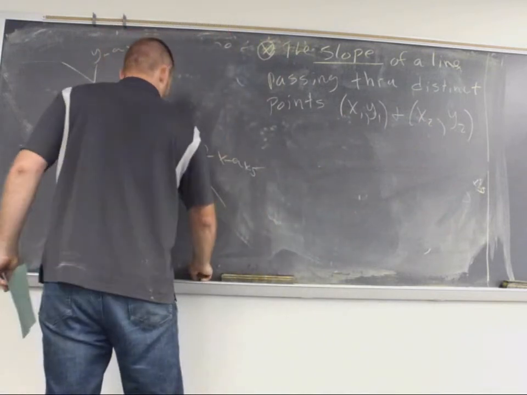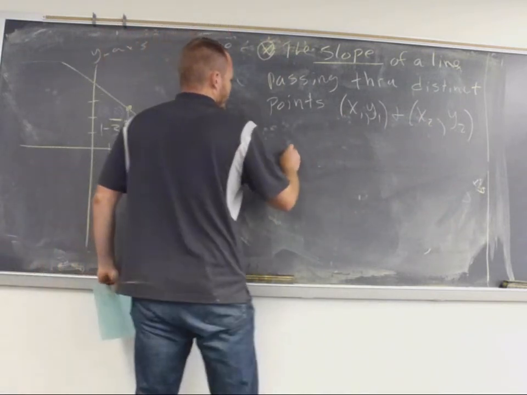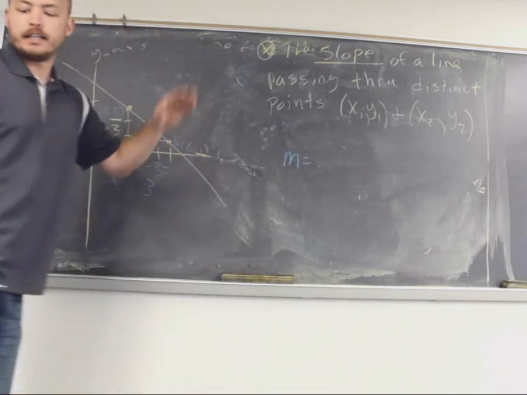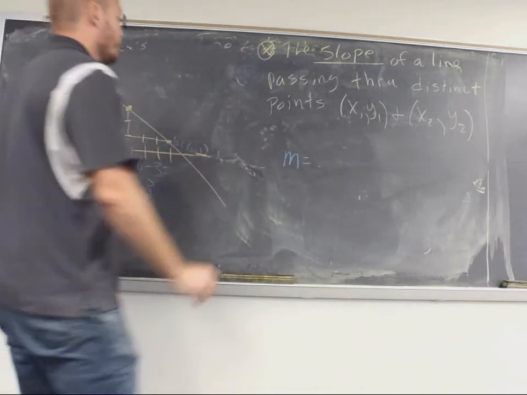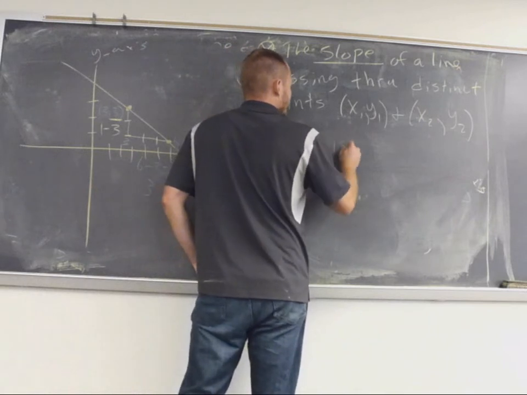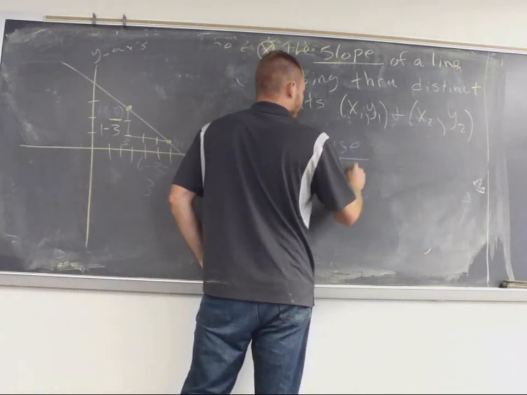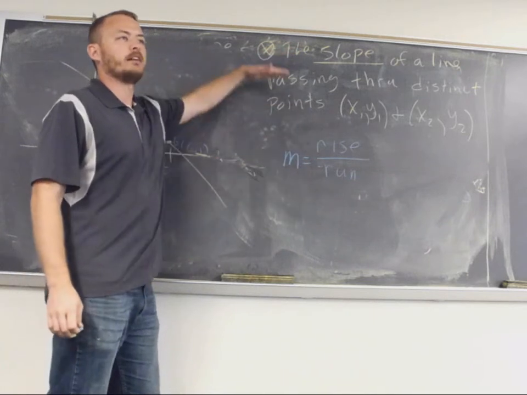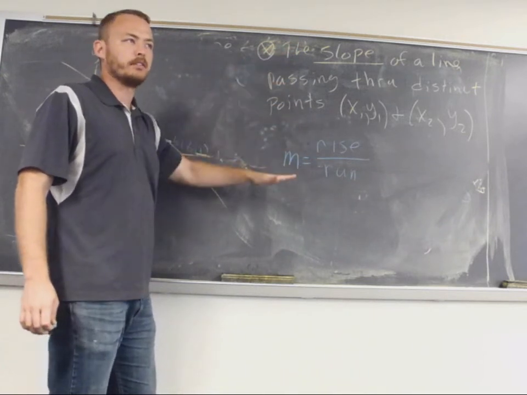And so the slope then would just be m is equal to, remember, it's the rise over the run. And if you remember that, and you remember the rise is changing the y values, so we need to subtract the y values.